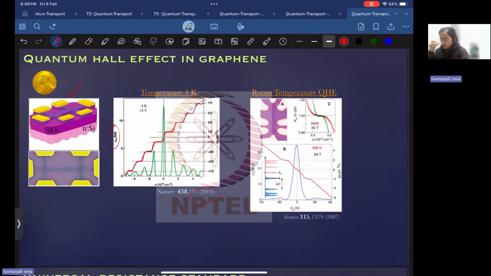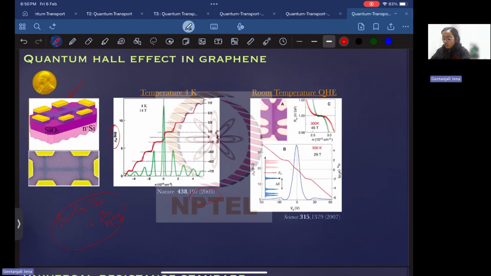And one thing we can notice here is that in the classical Hall effect, the longitudinal resistivity always remains constant, like rho xx or rho yy or rho zz, which is m by n e square tau.